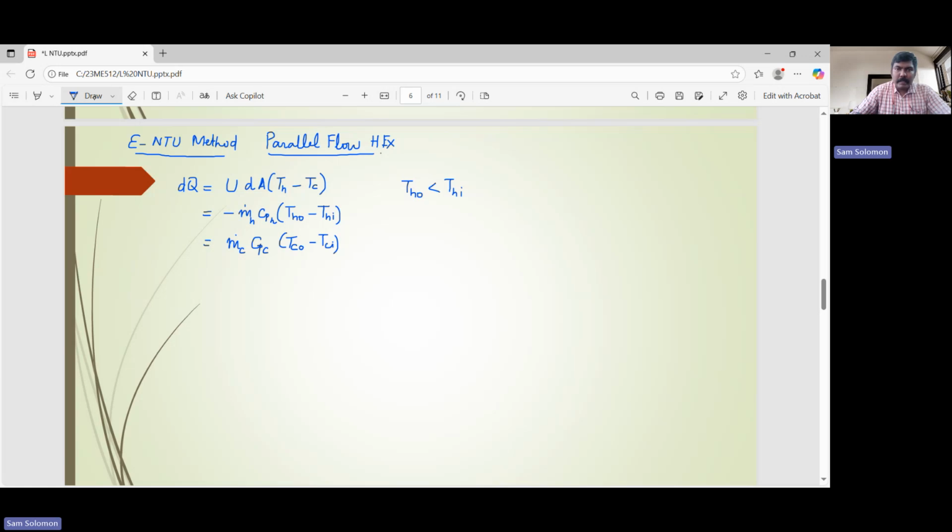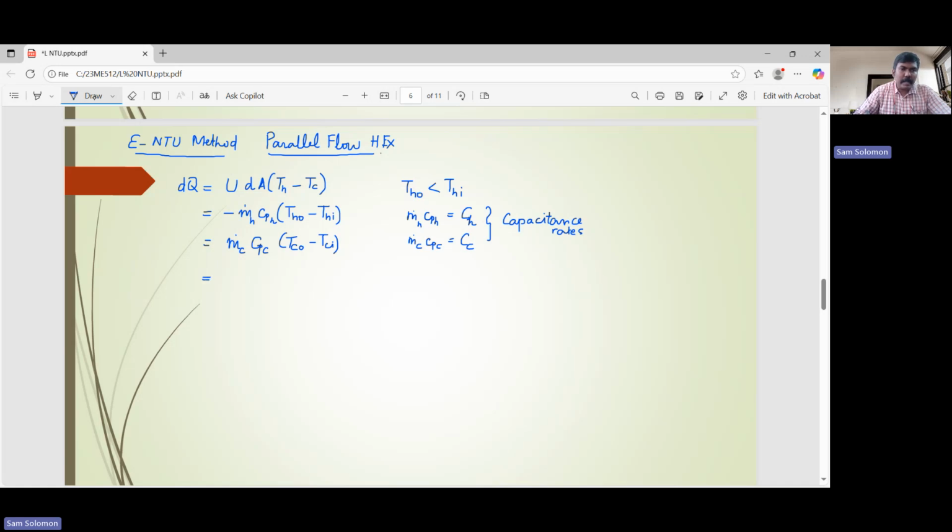And we know that this m dot h CPH, which is the product of mass flow rate and specific heat, can be written as capital CH, and m dot c CPC can be written as capital CC. And these are called the capacitance rates, the capacitance rate for the hot fluid and the capacitance rate for the cold fluid.